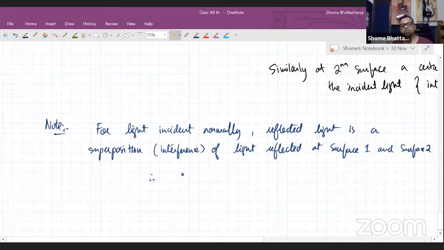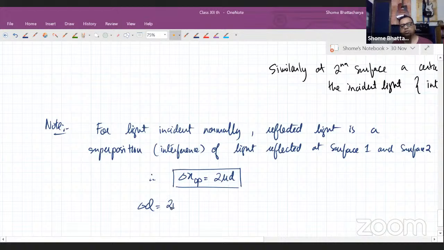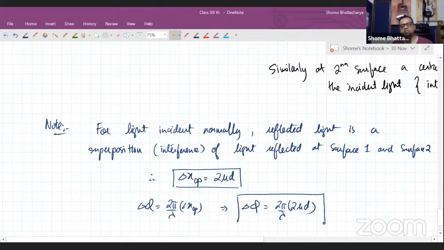Okay. So the optical path difference will be twice of mu into d, where d is the thickness. And the phase difference will be 2 pi by lambda into optical path difference. So the phase difference delta phi will become this.